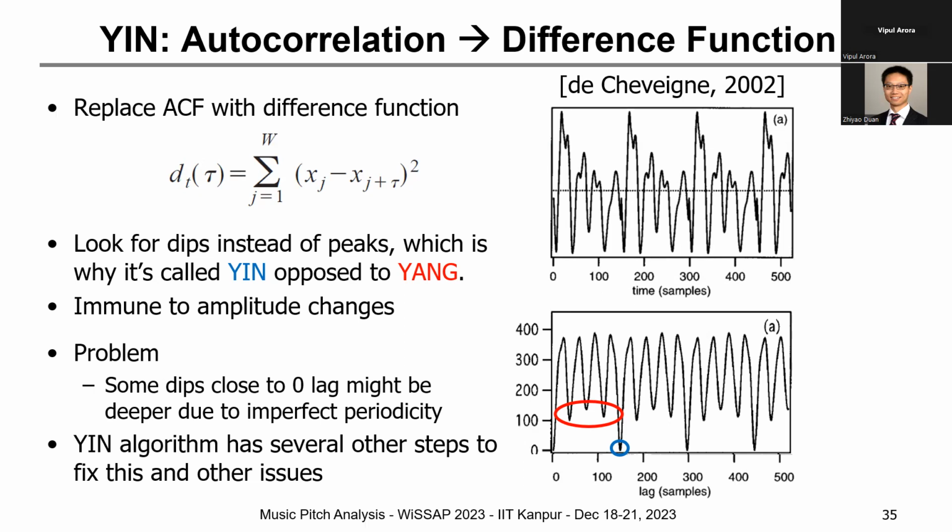Basically they try to detect the lowest dip, the first occurrence of the lowest dip, and that gives us the estimate of the period. They have several other steps to make sure we do not misdetect these values, but we'll skip those and just present the key idea of the method.